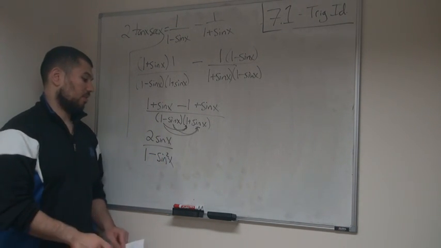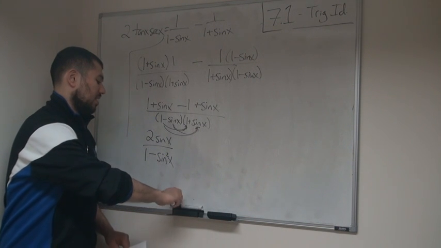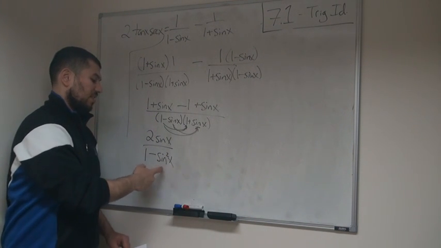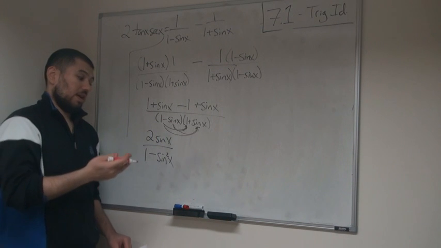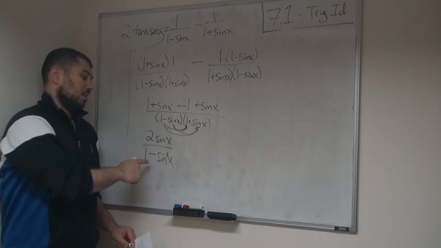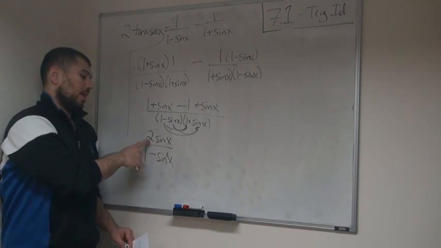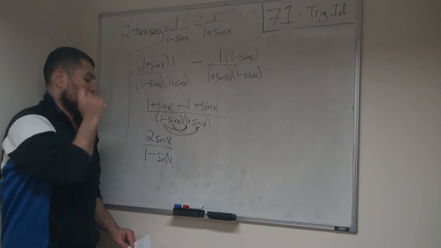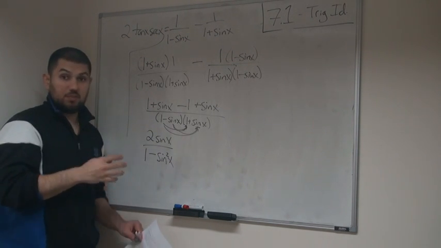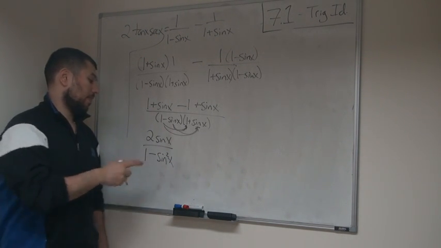Now again, we have our little Shakespearean aside, because I have sine squared x here, and I don't know what else I can do here. Now I can't divide 2 by 1 minus sine squared x and sine x by 1 minus sine squared x and multiply. It's not going to give me anything.